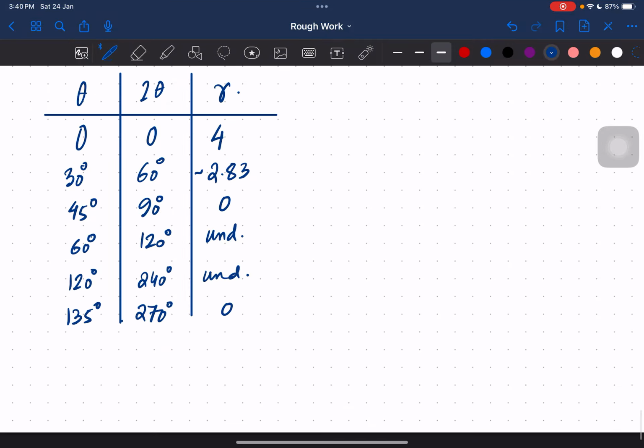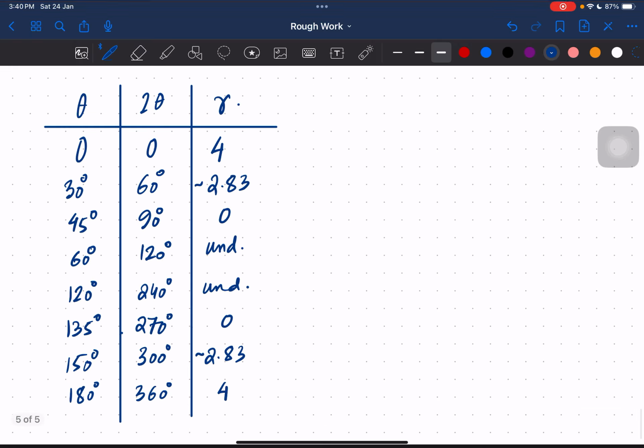Let us extend the table. Then you can go to 150 degrees, so 2 theta is 300, and the cos value is half, so r will be 2.83. Then at 180 degrees, 2 theta will be 360, and r will be 4.